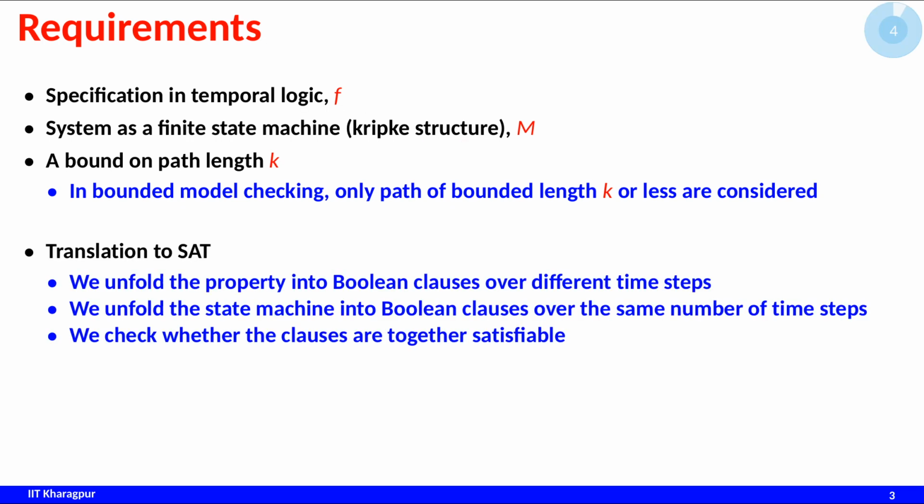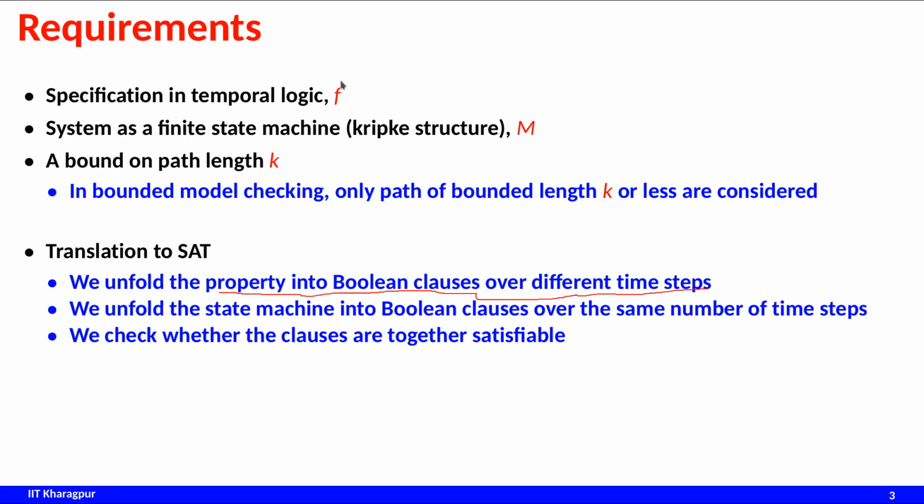So in order to check the validity, what we do is we translate into a SAT formula. We need to unfold the property into Boolean clauses over the different time steps.